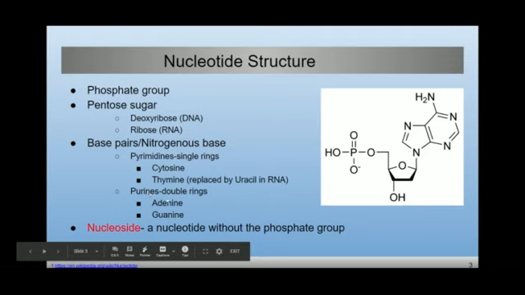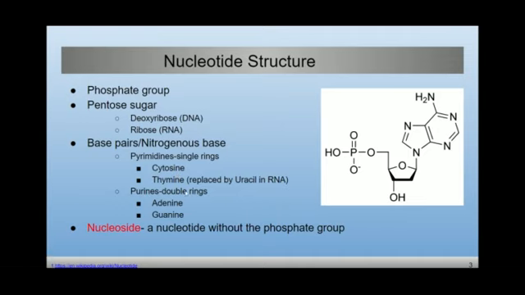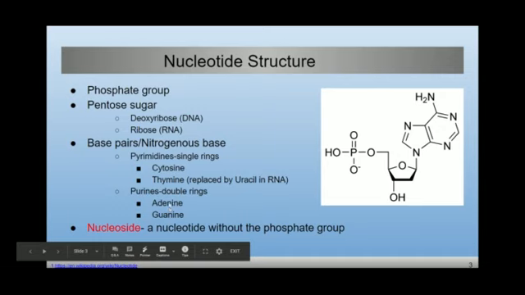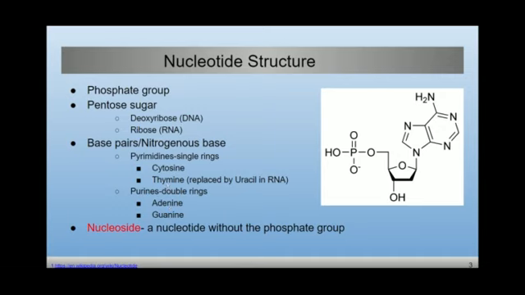Purines have a double ring structure, and they are adenine and guanine. Always remember, you'll never see adenine and guanine being attracted to each other. You'll never see cytosine and thymine being attracted to each other. It must be a purine being attracted to a pyrimidine. It cannot be two of the same. It has to be opposites attract, almost like a charge.